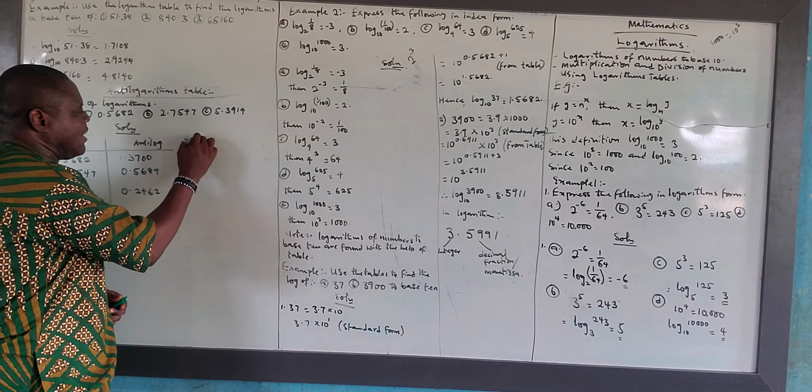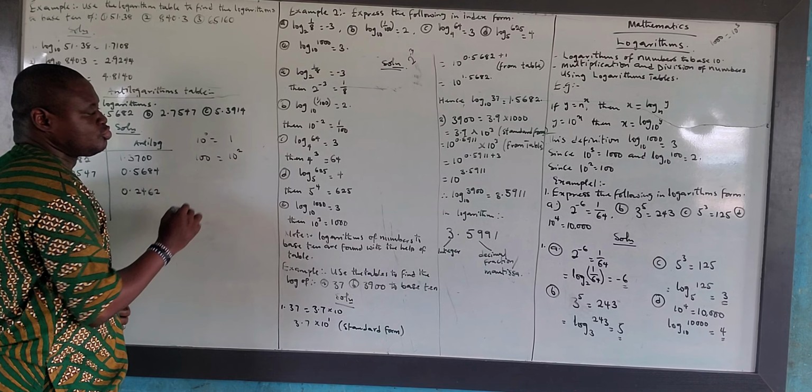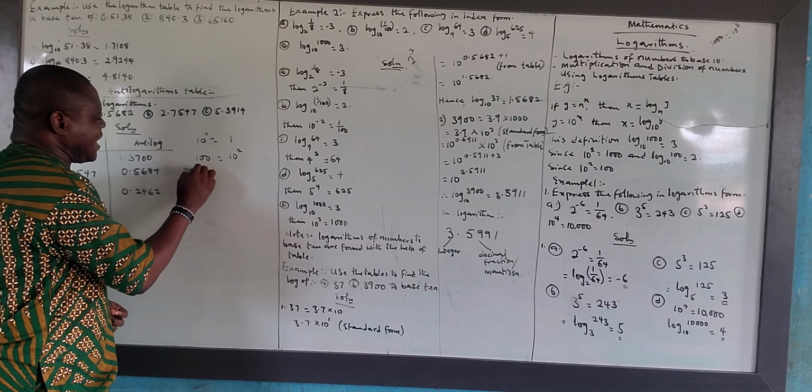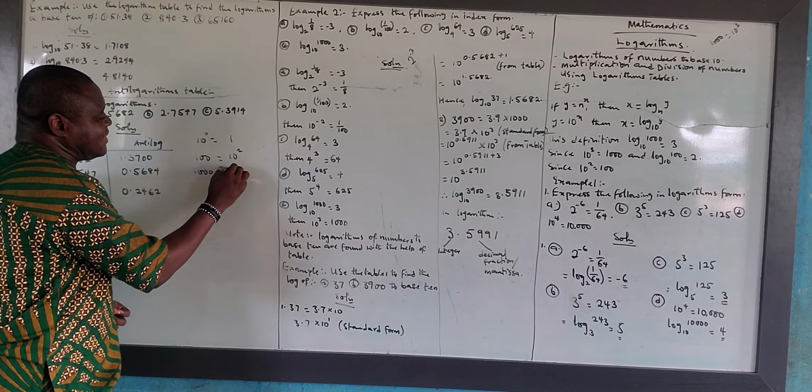Now, if we have 10 raised to the power 0, that is 1. If we have 100, that is 10 raised to the power 2. If we have 1000, that is 10 raised to the power 3. If you have 10,000, that is 10 raised to the power 4.